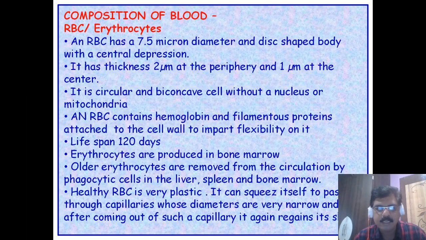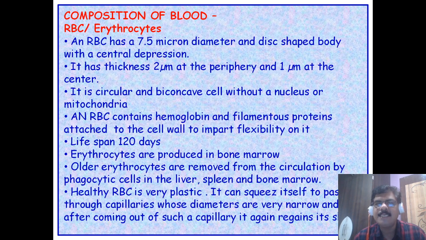It is a circular, biconcave cell without a nucleus or mitochondria. RBC contains hemoglobin and filamentous proteins attached to the cell wall to impart flexibility. The lifespan of RBC is 120 days.